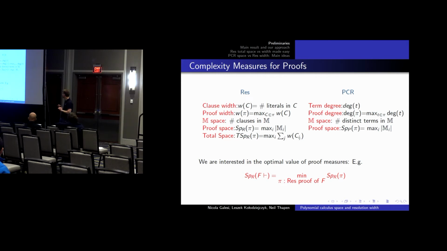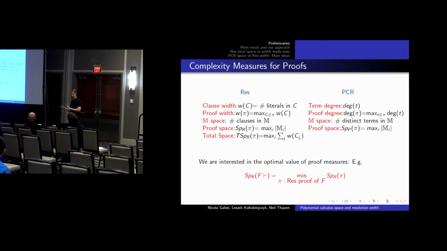And then, of course, once we have these measures defined, we can just fix a formula, and we can minimize over all possible proofs of it, and for instance, define the space in resolution of refuting the formula F, of proving that it's unsatisfiable, as the minimum proof space of any proof. Okay?